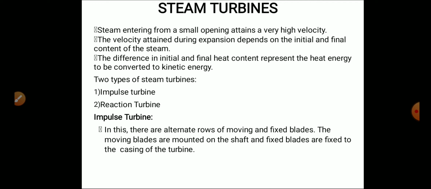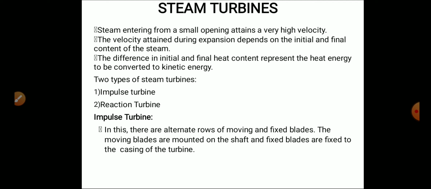This theory and concept has already been discussed in video number 1, that the rotation of the turbine depends on the heat and pressure difference between the inlet point and outlet point of the turbine, the prime mover.